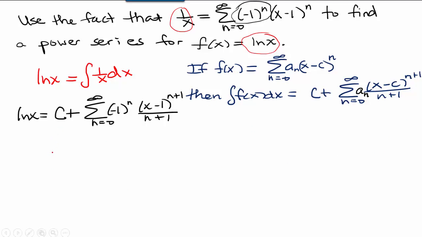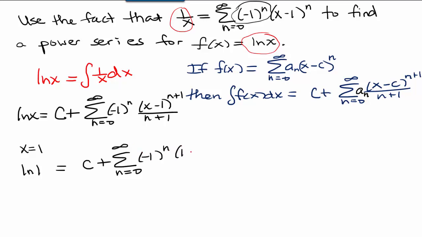So we would like to know what c is, and if we let, for example, x be 1, we can check what c is. So the natural log of 1 would have to be equal to c plus the sum n equals 0 to infinity of negative 1 to the n times 1 minus 1 to the n plus 1 over n plus 1. But let's write it out.